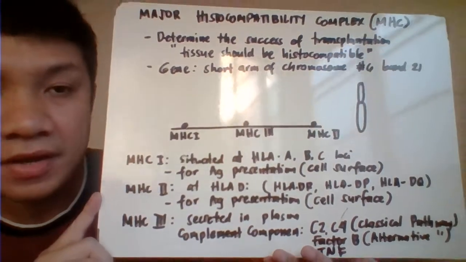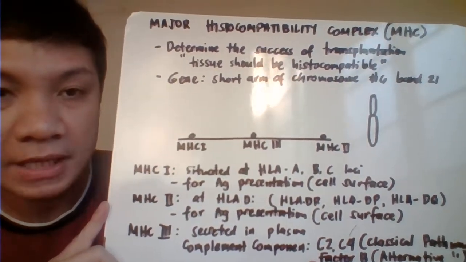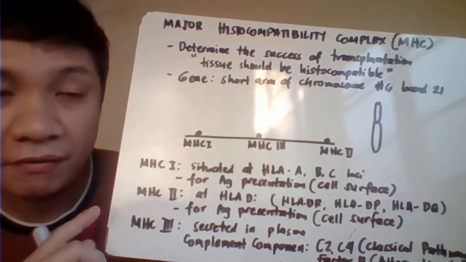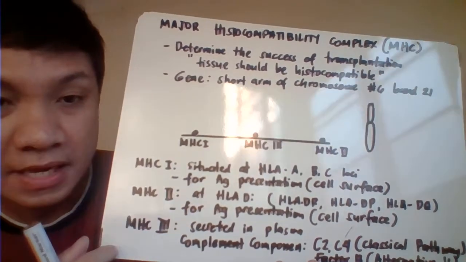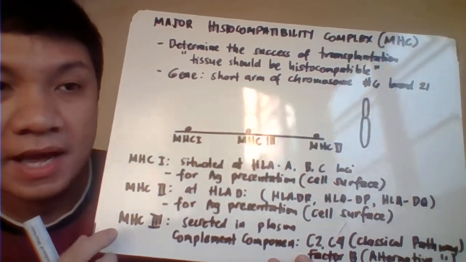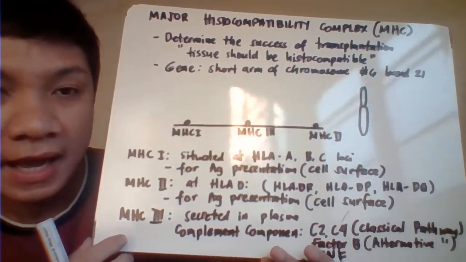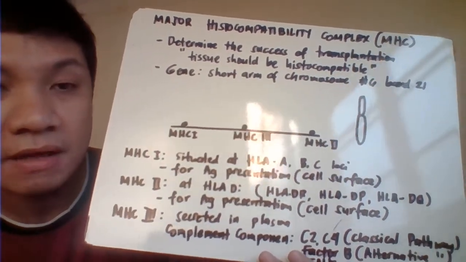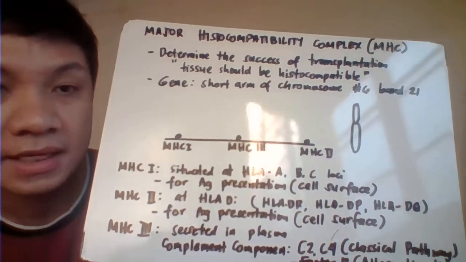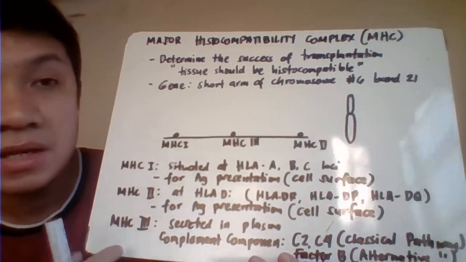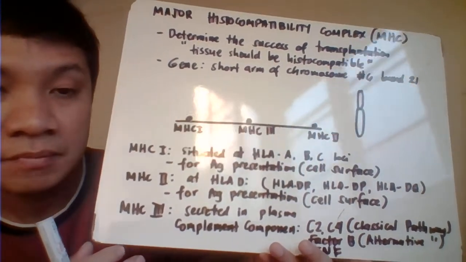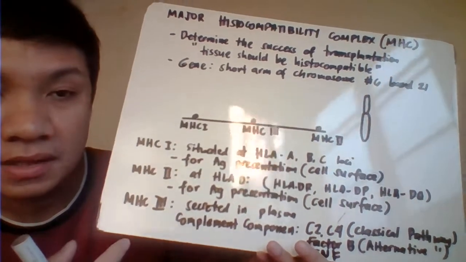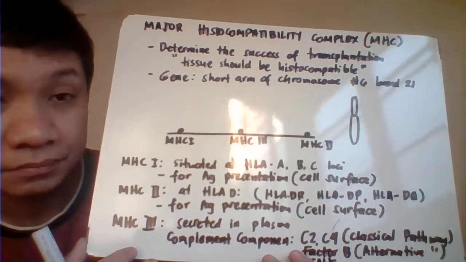Okay, next we have here the major histocompatibility complex. The former name of that is your MHC, but today it's being called here as the human leukocyte antigen. Okay, so basically because this one was first isolated from the human leukocyte. Okay, so the major histocompatibility complex is one of the determinants of the success of our transplantation.